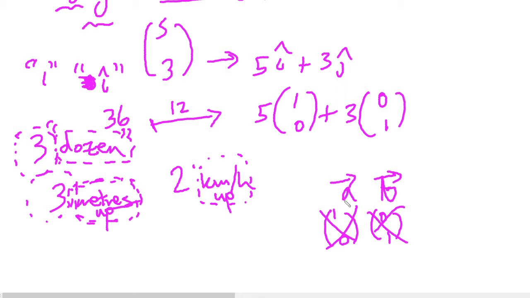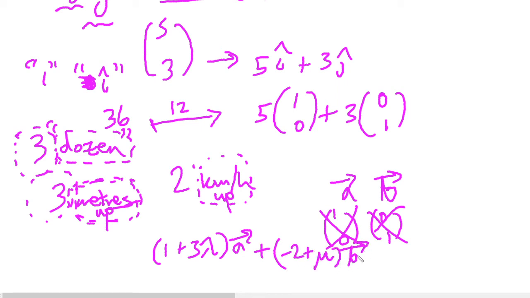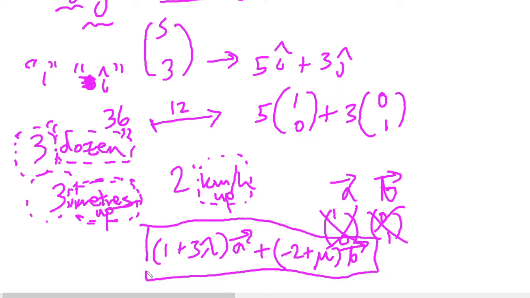But just think of them as basis vectors, because when you are writing something like (1 + 3λ)a + (-2 + μ)b, this is the kind of sum in a problem involving intersecting vectors that I mentioned in the thumbnail of this video.